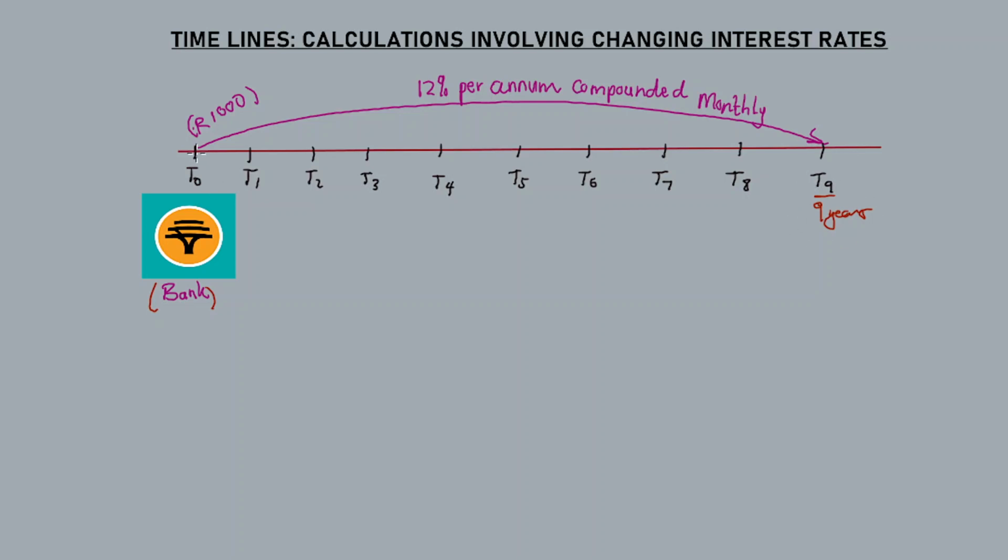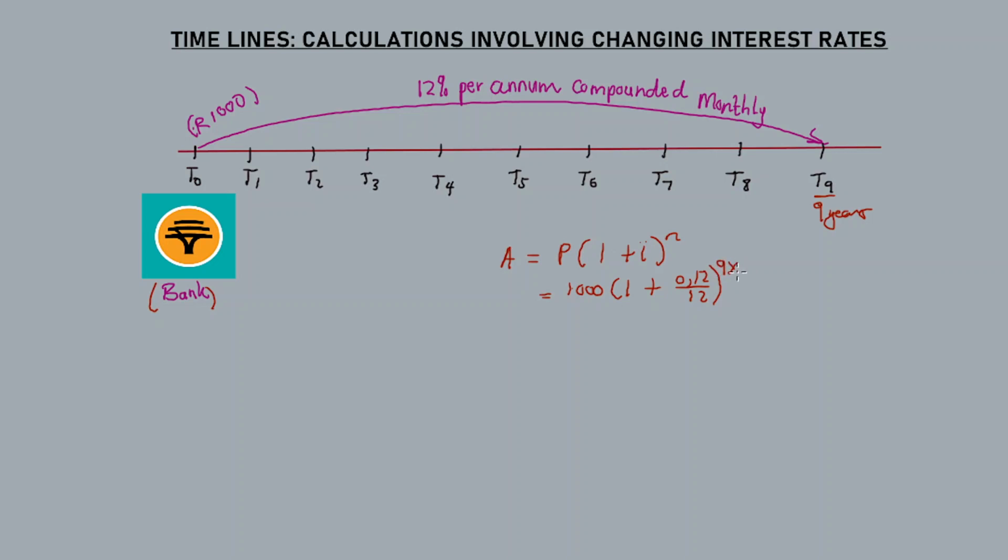Now, so ubeke 1,000 rand yakho every month ithola ini ama interest rate. So let's say we were to calculate the future value or the accumulated amount. Basuti A is equal to P in bracket 1 plus i raised to exponent n is equal to what's the present value, 1,000 rand, 1 plus what's the interest, 0.12 over 12, since it's compounded monthly, raised to exponent for how many years? 9.